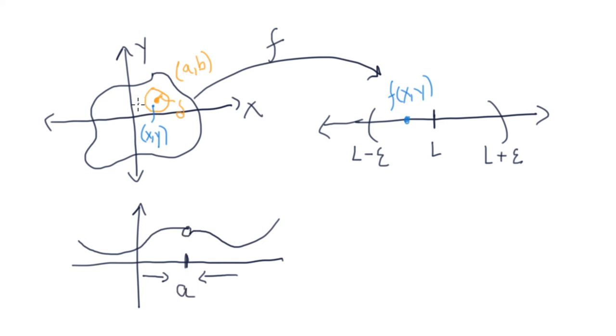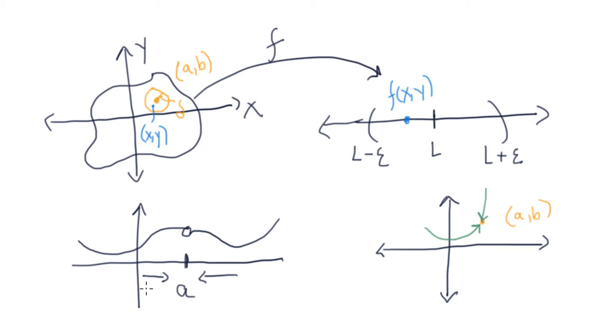But if we look at the two-variable case, the problem is there's actually a lot of different directions that we can approach a point (a,b). So for instance, instead of just looking from the left or from the right, I could approach in the domain of the function along this curve right here, or along this line right here.